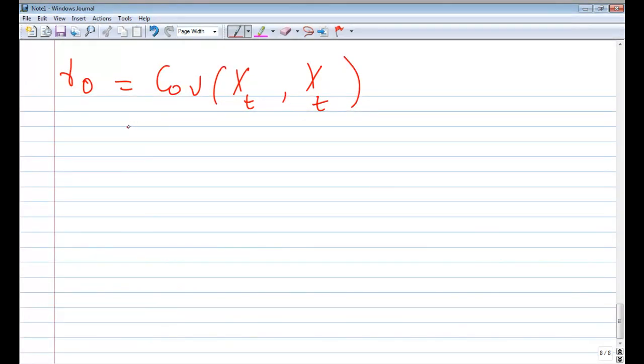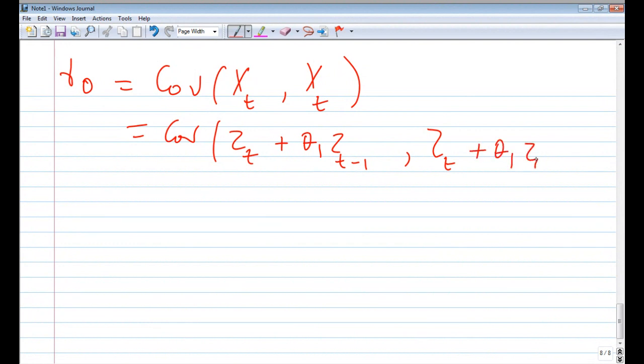Okay, which is equal to what? The covariance of Xt and Xt, where Xt is equal to Zt plus theta 1 Zt minus 1. Okay. Now we are having this in terms of covariance, which is equal to what?